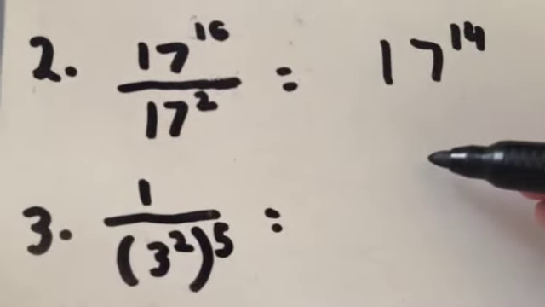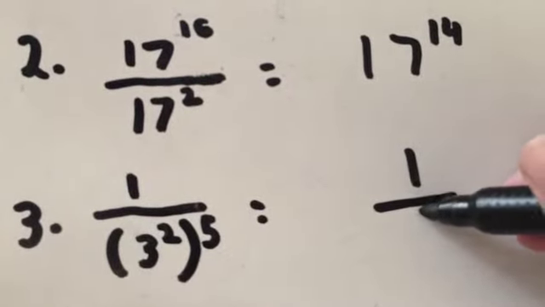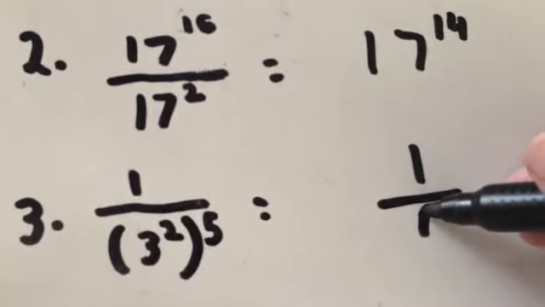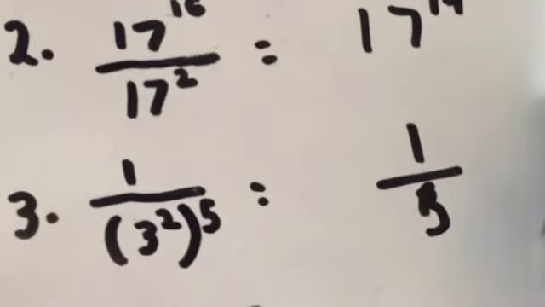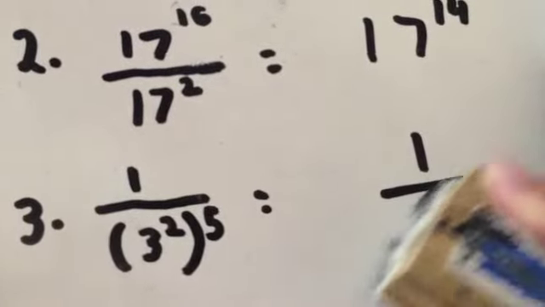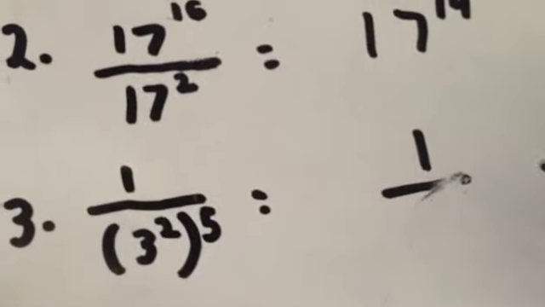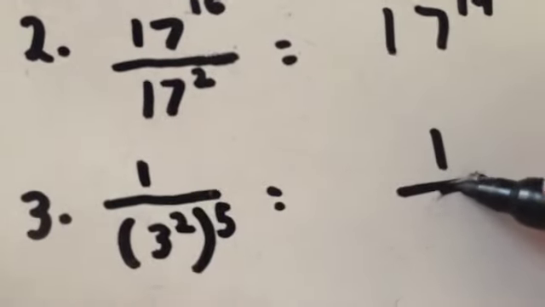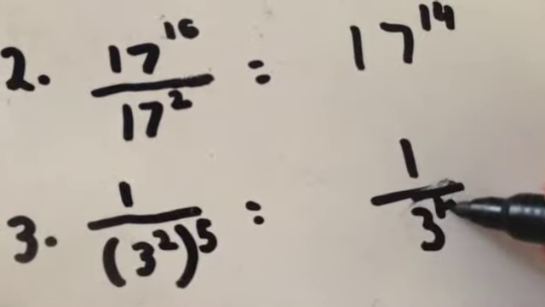Remember to multiply, so it's 1 over 3 to the power of 10.